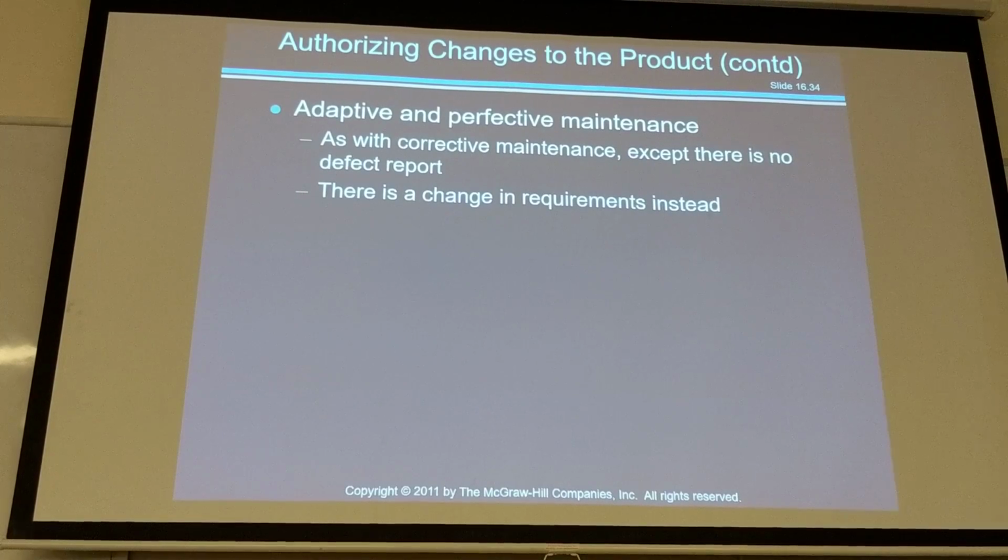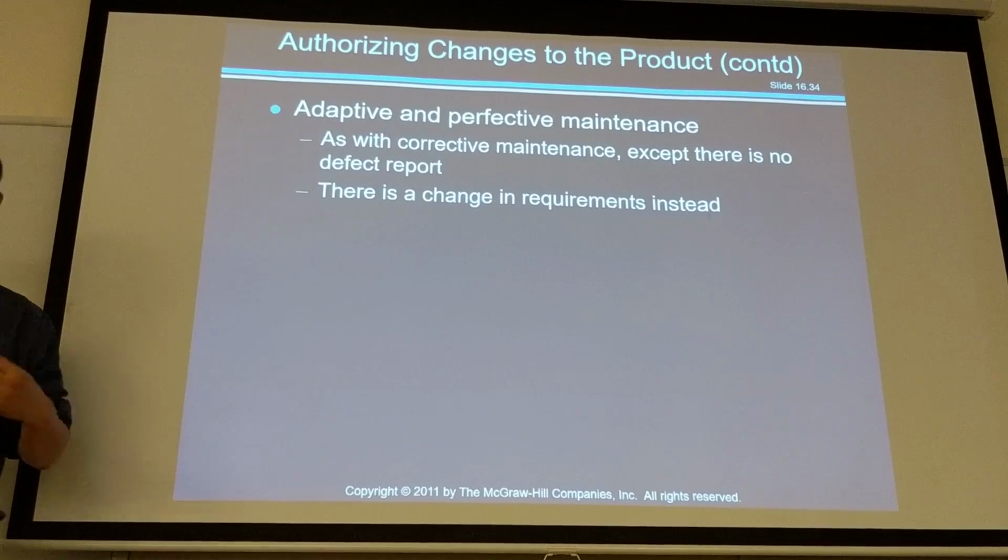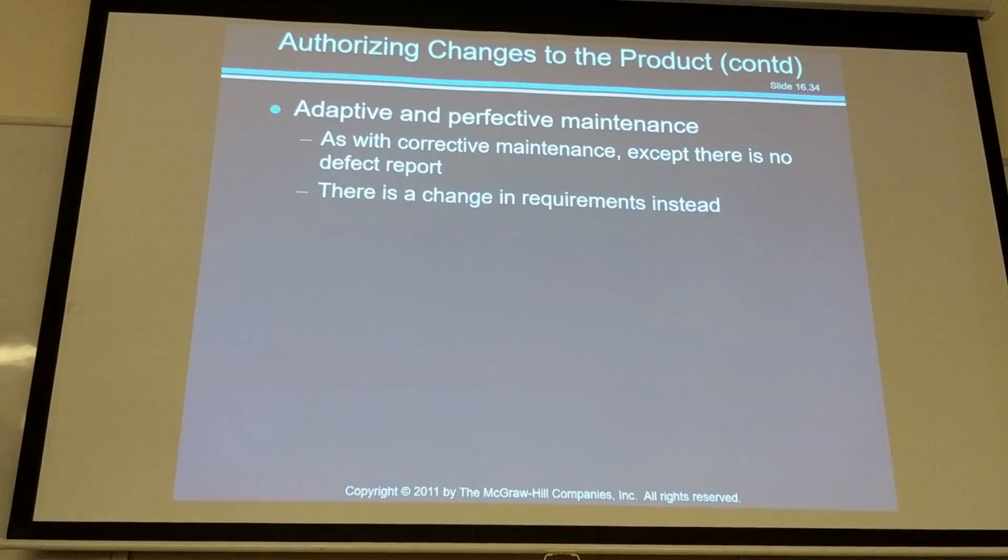For adaptive or perfective maintenance, pretty much the same thing. Here you just don't have a defect report, you just have a change in requirement. This is the kind of thing that's good because your customer is demanding new features, which means your software system is useful, which means they're willing to pay money for it. Okay? This is good news. So actually, if you are receiving defect reports, you are receiving new requirements, you should feel good about it.